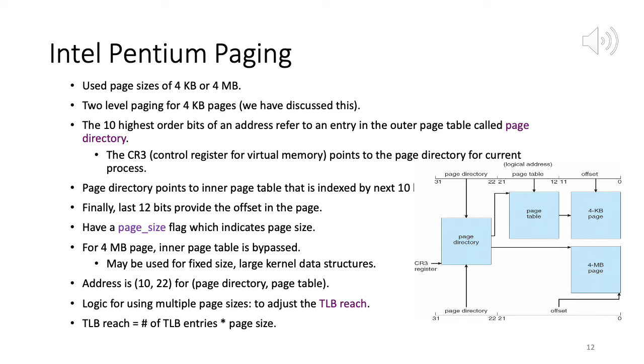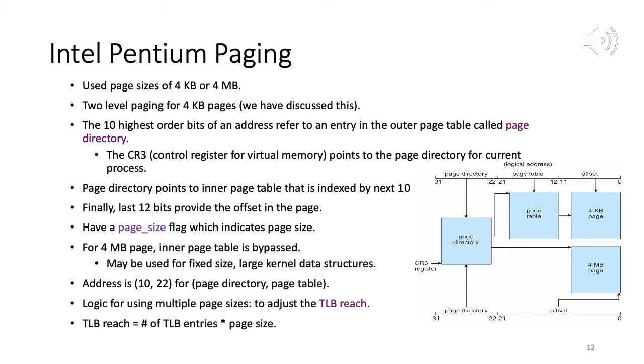The CR3 control register for virtual memory points to the page directory for the current process. So the CR3 register points to that page directory, the outer page table. And of course the outer page table, or page directory, points to the inner page table, which is indexed by the next 10 bits, just like before.